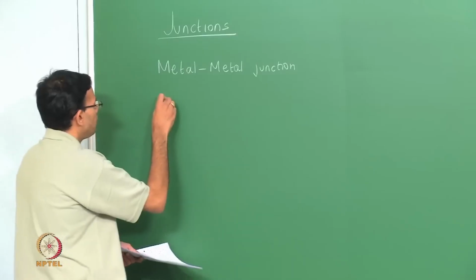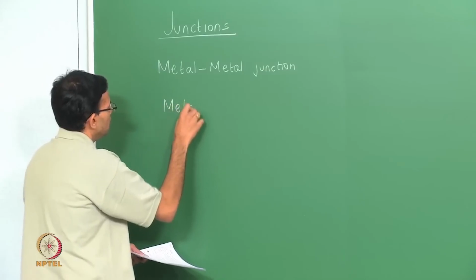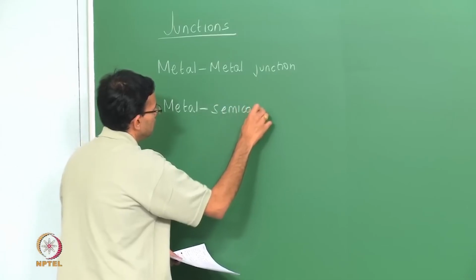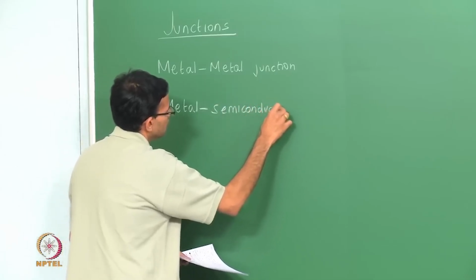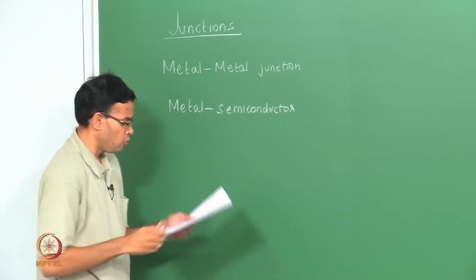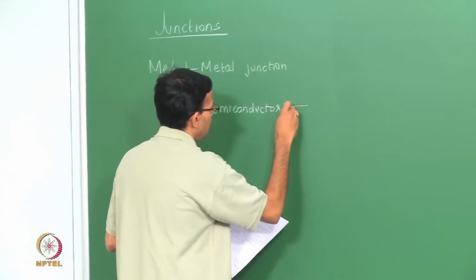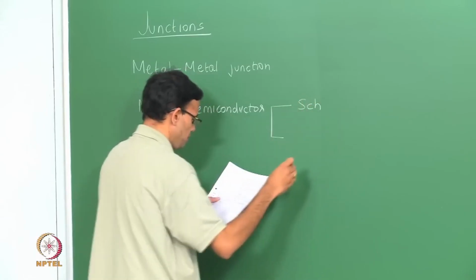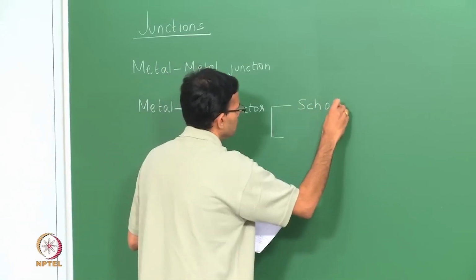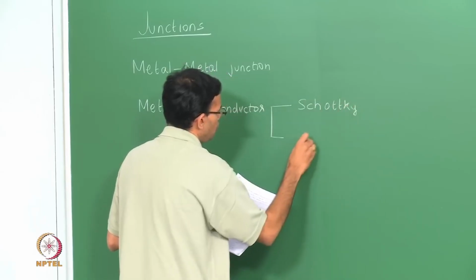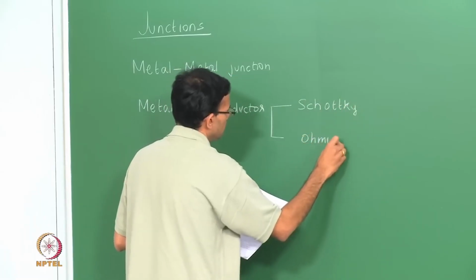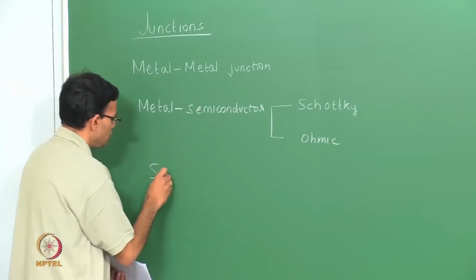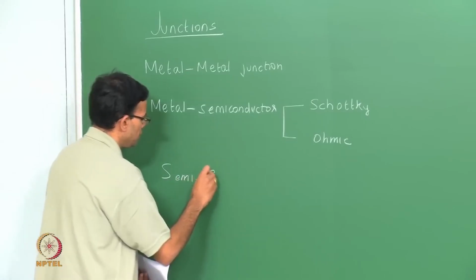From there, we will form a junction between a metal and a semiconductor. There are two types possible here, and we will consider them. One is your Schottky junction, the other is called ohmic, and from the metal semiconductor we will go to your semiconductor junction.